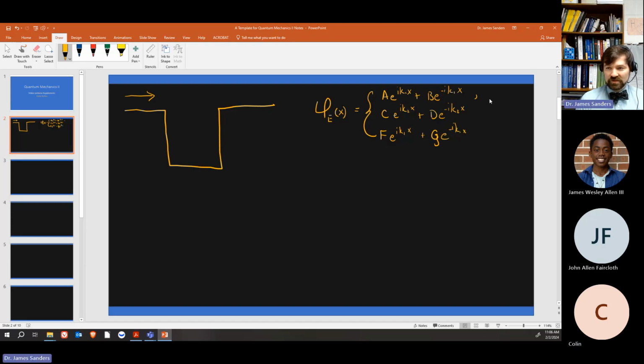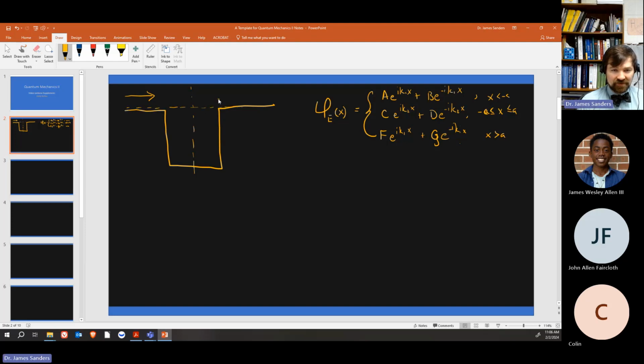These are for each of the regimes, x less than minus a, x between minus a and plus a, and x greater than a, where this well is basically symmetric about the y-axis.